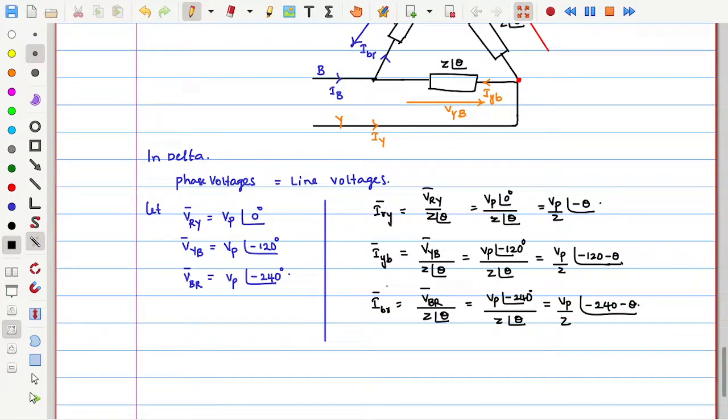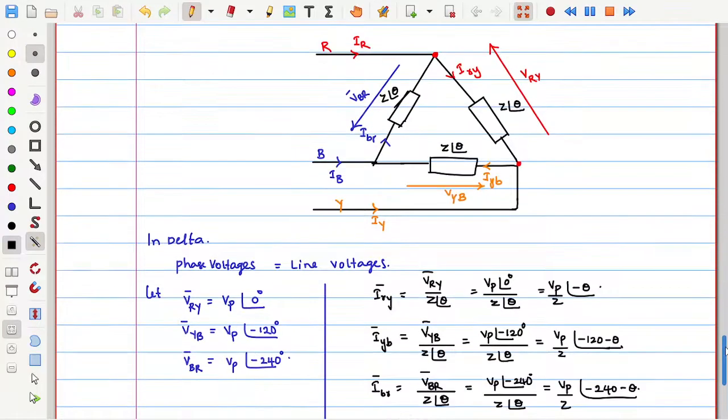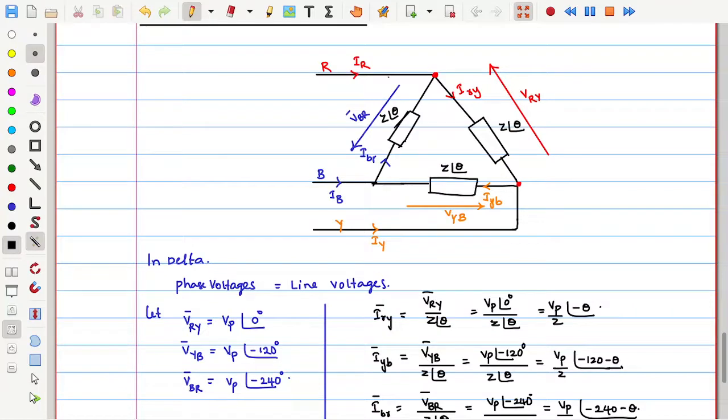Once we know these phase currents, now it is easy to find the line currents. So tell me, what are the line currents as what we had seen previously? So can I say the entering currents is equal to leaving currents? What are the entering currents? IR and IBR are entering here at this node, at R junction here, and leaving current is IRY. For this delta connected triangle, one edge is the node.